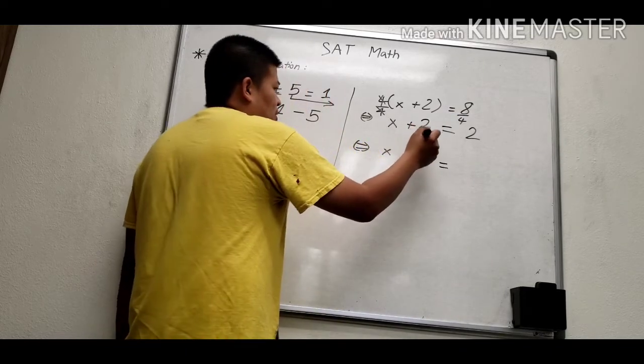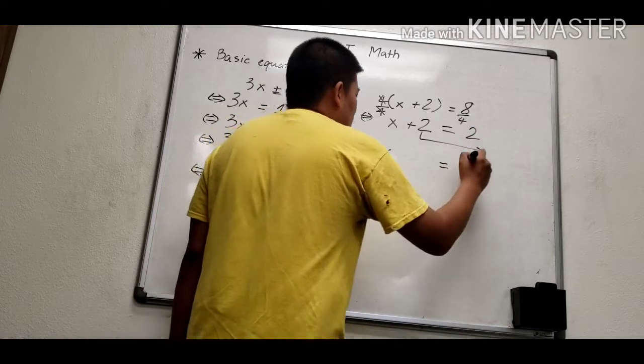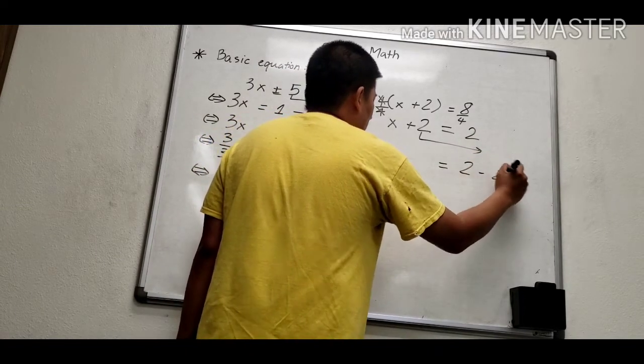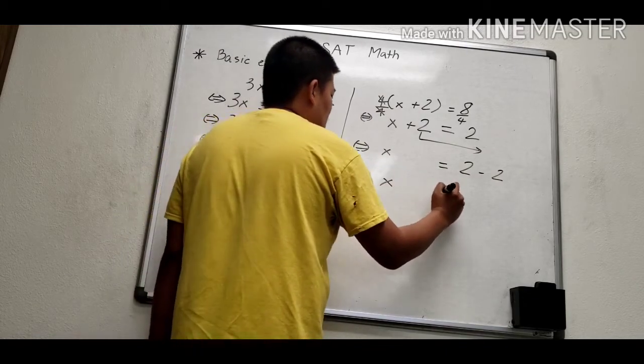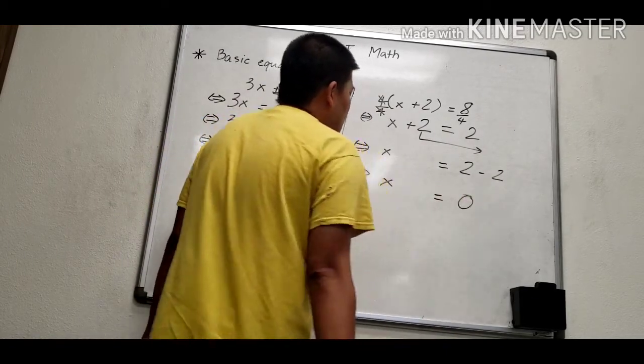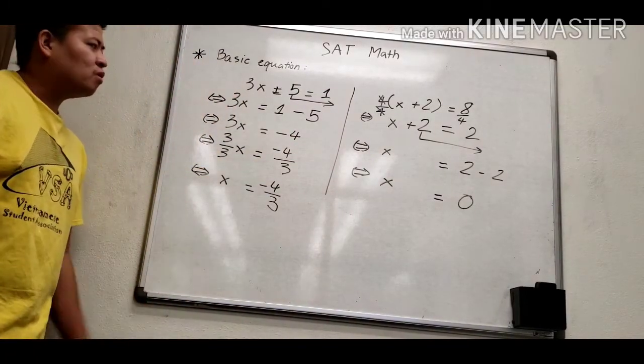And we have number 2 here. We move it to the right, so we have 2 minus 2. So we have s equal to 0. So this is the next equation. You need to learn how to find the s.